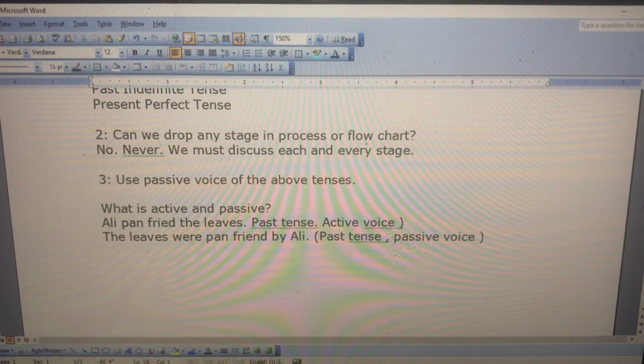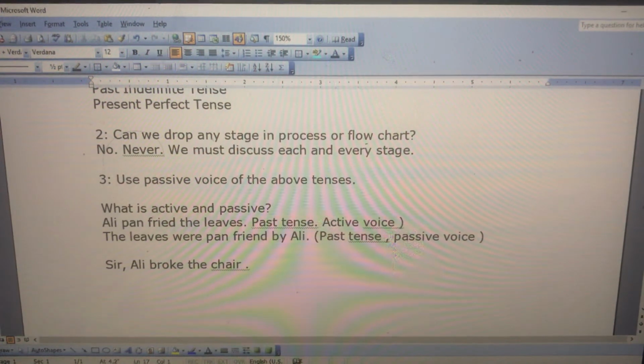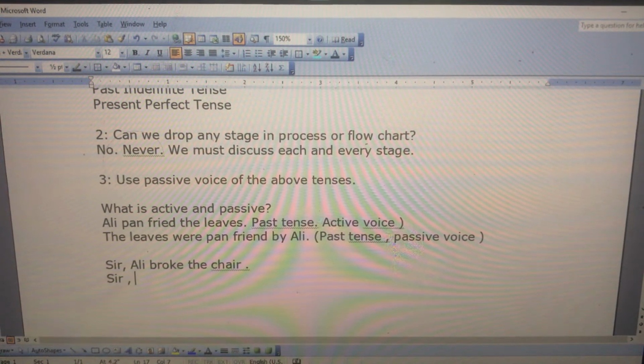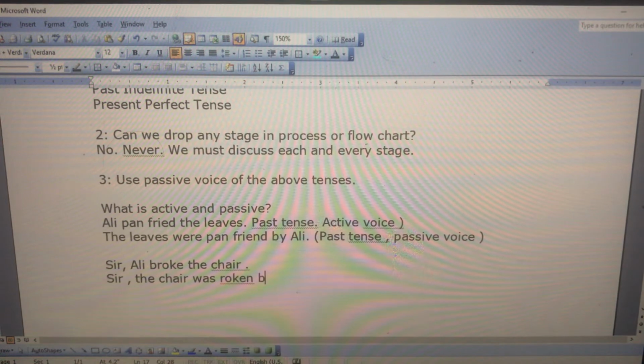Amir Zaid is telling me, sir, Ali broke the chair. Right? I ask Fahad, who broke the chair? Fahad is telling me, sir, the chair was broken. The chair was broken by Ali.